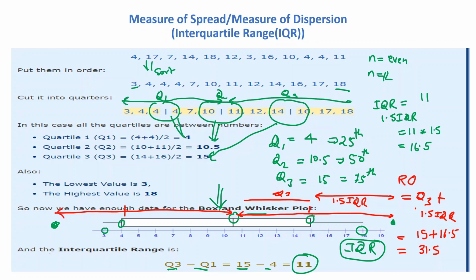So from here, if we divide here, this is your Q1, because this is in negative. So how can we calculate the left outlier? Q1 minus this 1.5 IQR. This is your 1.5 IQR.